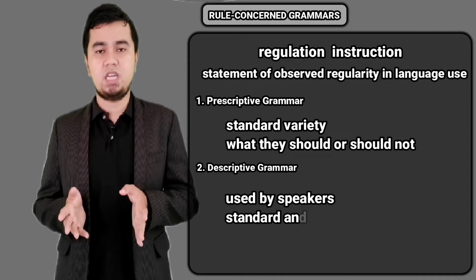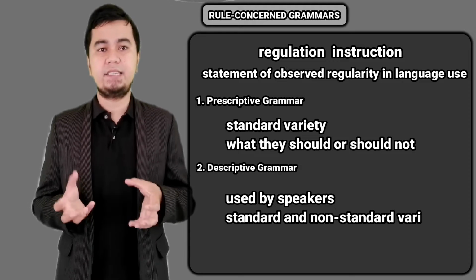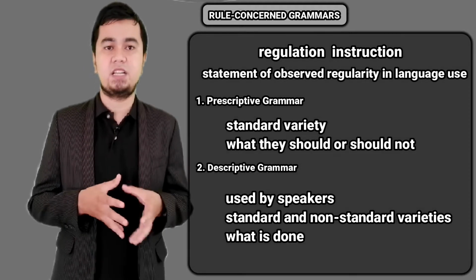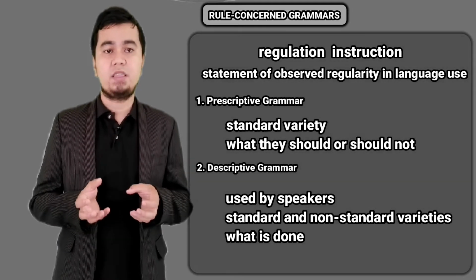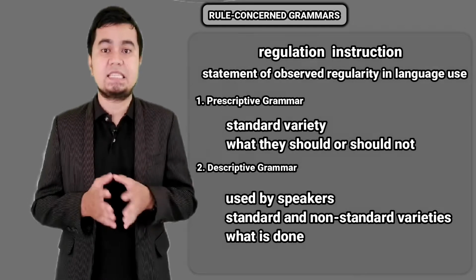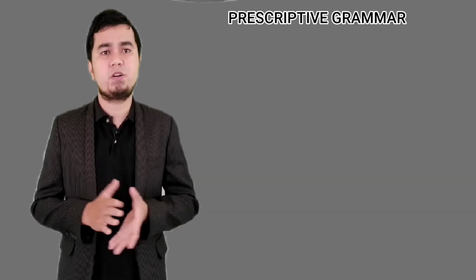The focus here is on the standard and the non-standard varieties. The descriptive grammarian then describes what is done. On the other hand, prescriptive grammar seeks to establish norms of correct and incorrect usage based on a set of rules which govern how a language should or should not be.